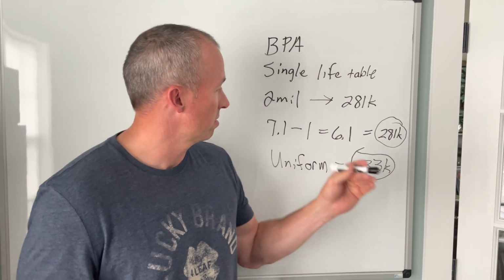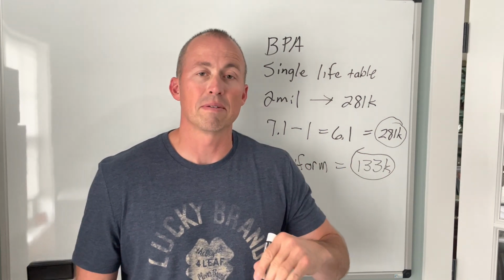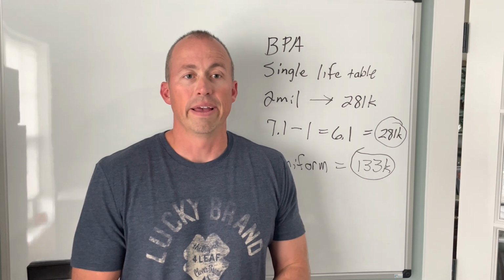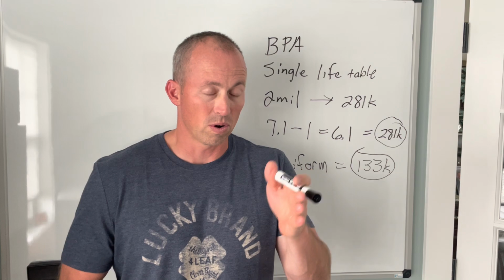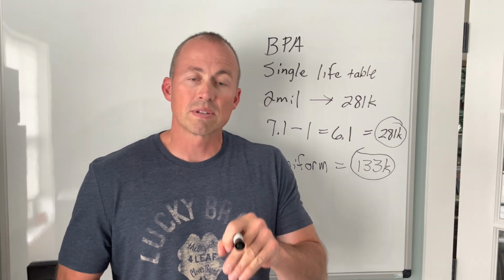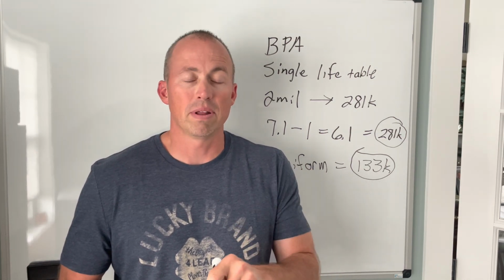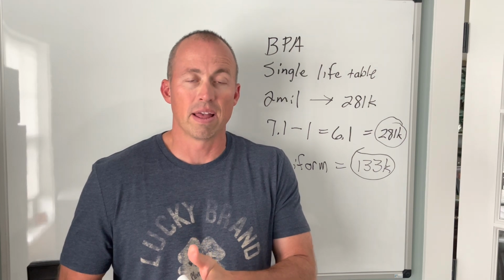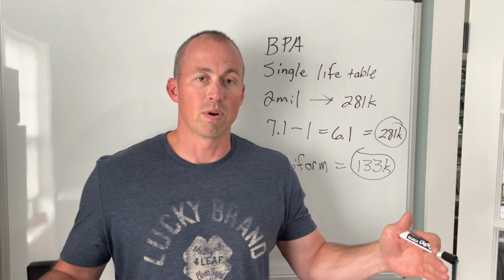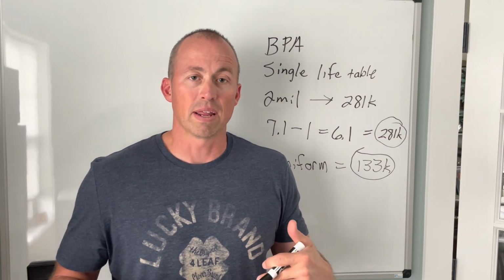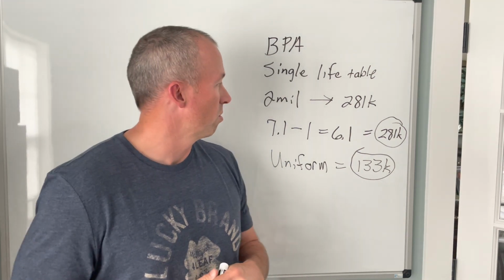So let's say she has $2 million, that $2 million passes on to her 3 kids, and the money is not in the BPA, it's in her IRA.